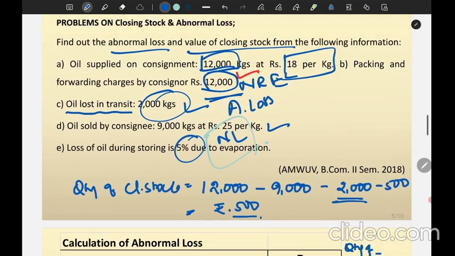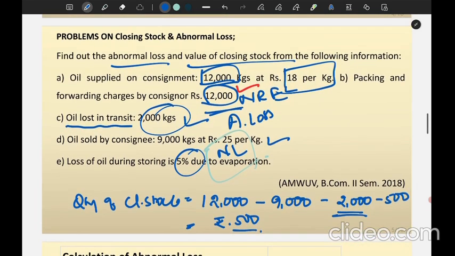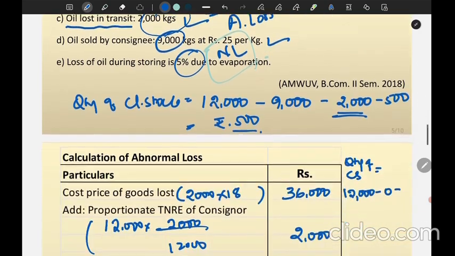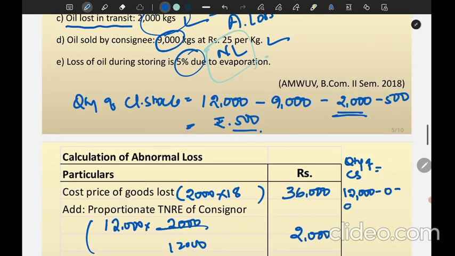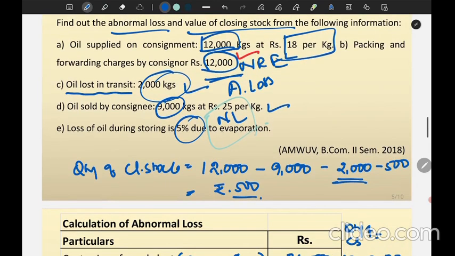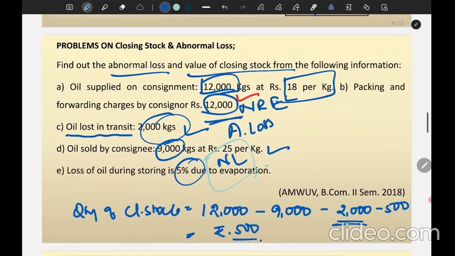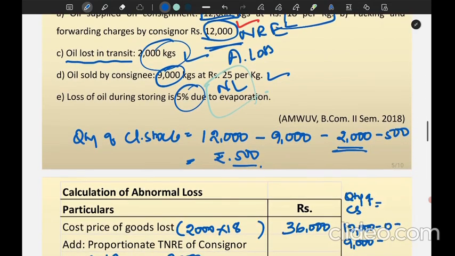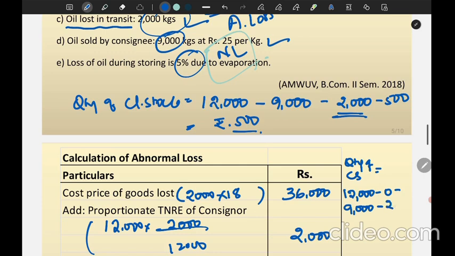Then, how much is sold? It is given here. Total 9,000 is sold, minus the quantity of abnormal loss, 2,000, minus the quantity of normal loss, 500.